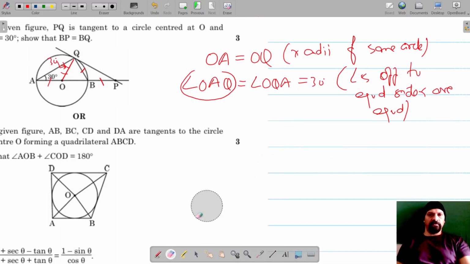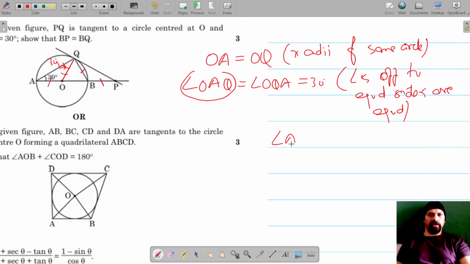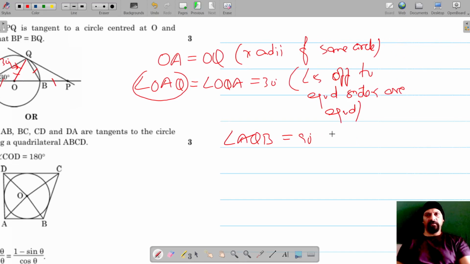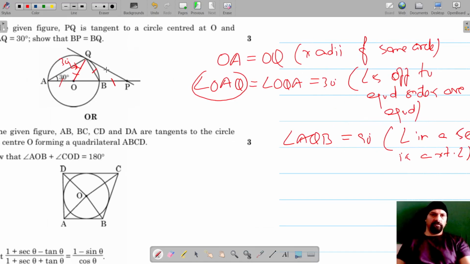Before that, let's consider this angle AQB. So angle AQB is 90 degrees because this is the angle in a semicircle, and we know that angle in a semicircle is a right angle.